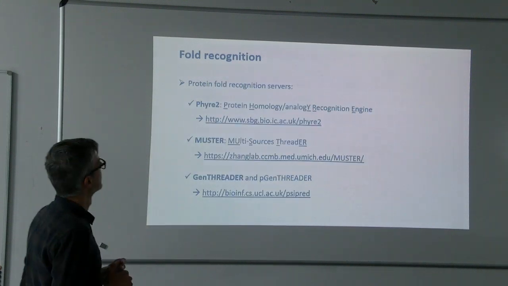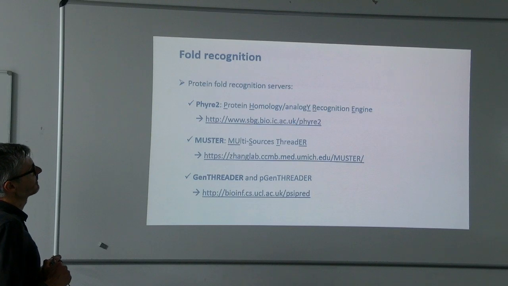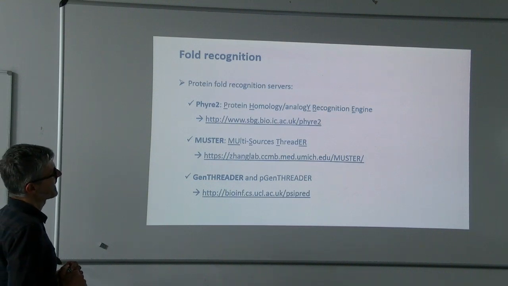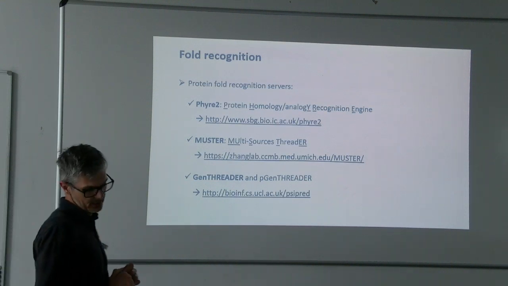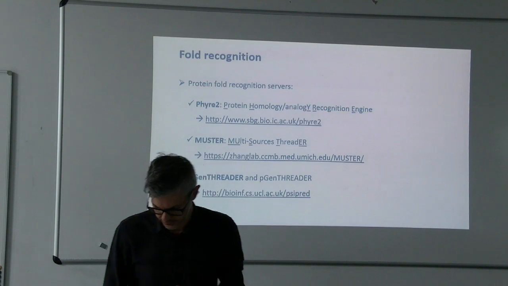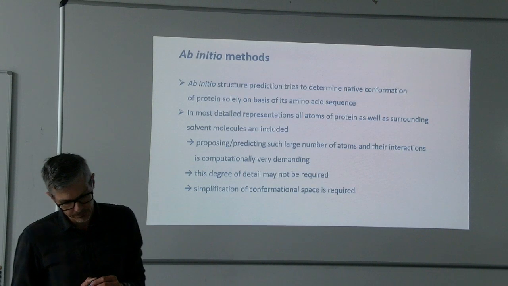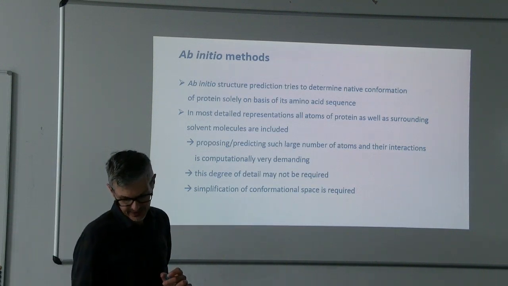If you want to try this for yourself, what are the servers that you can use? Here are the 3 servers that you can try, and they will try to predict the fold of your protein. So that's fold recognition. And then the last one is ab initio.